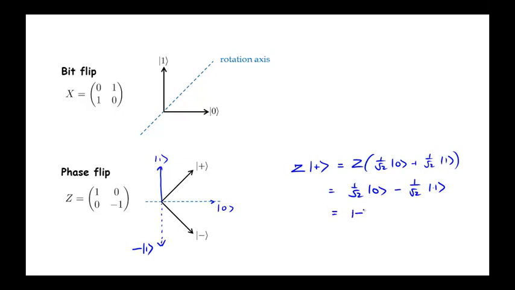And that's exactly the minus state. And similarly, Z, when you apply it to the minus state, gives you plus. And so what it's doing is, if you look at the plus and minus states, then it's swapping these two. And that's still this 180-degree rotation about the 0 axis.